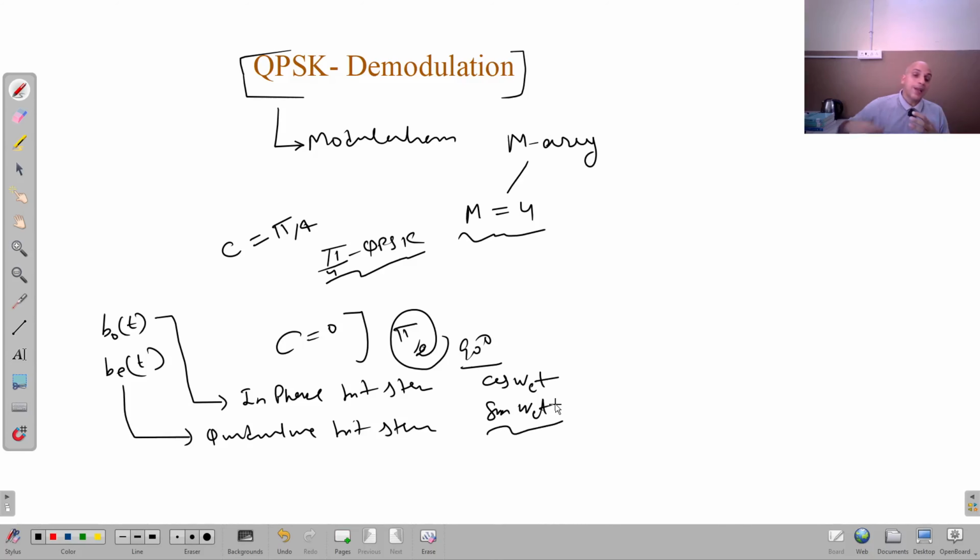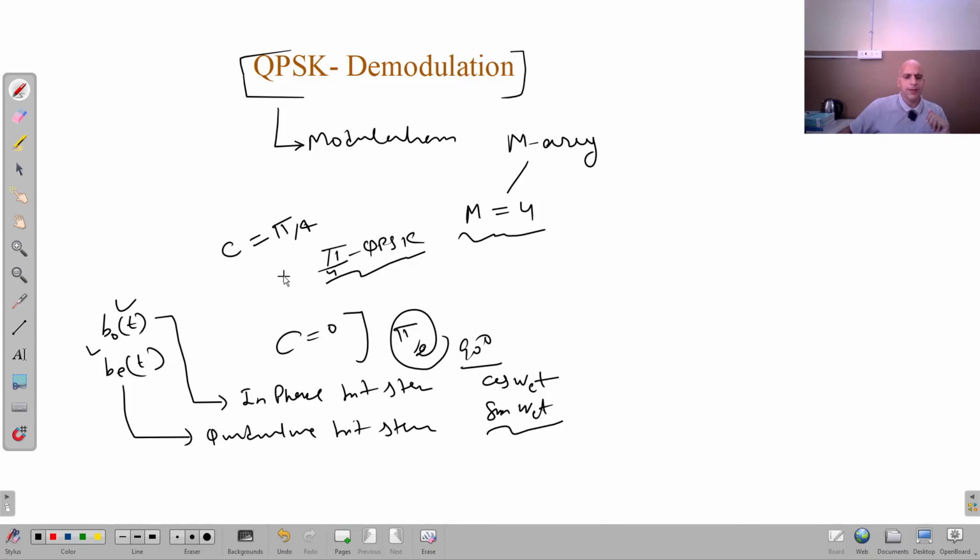These two carrier waves are used to modulate the two different bit streams, and the two modulated carrier waves are then joined together with an adder, and we get the output quadrature phase shift keying modulated signal. So this was the entire process that I recalled here.